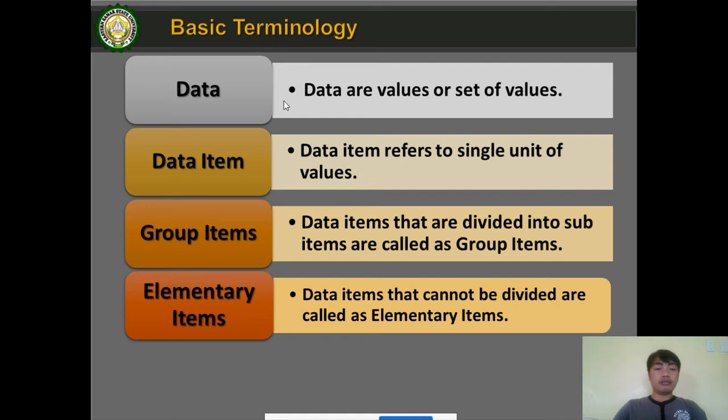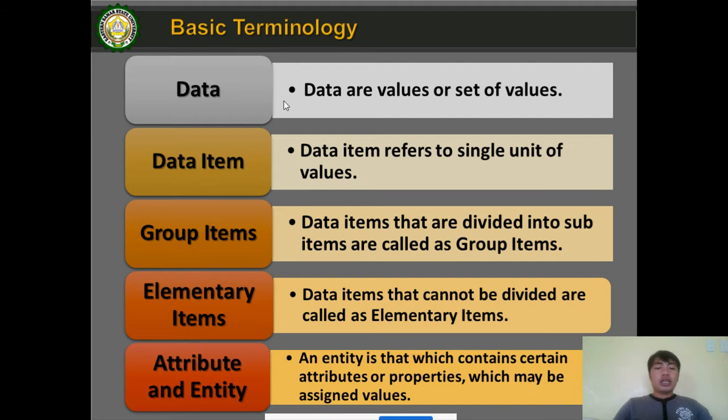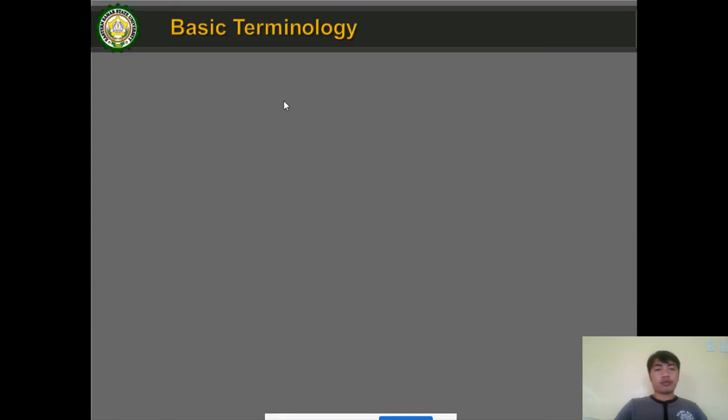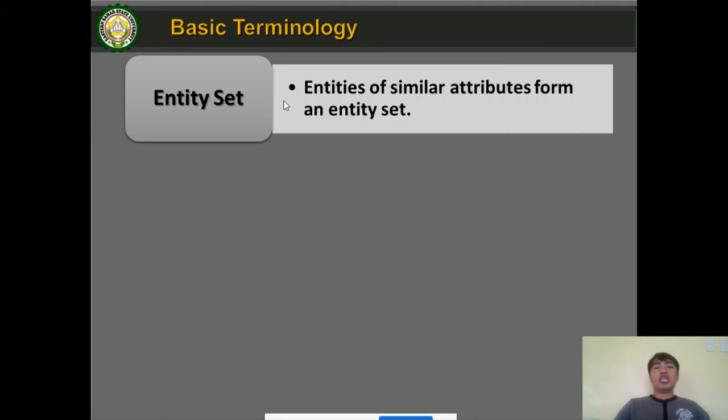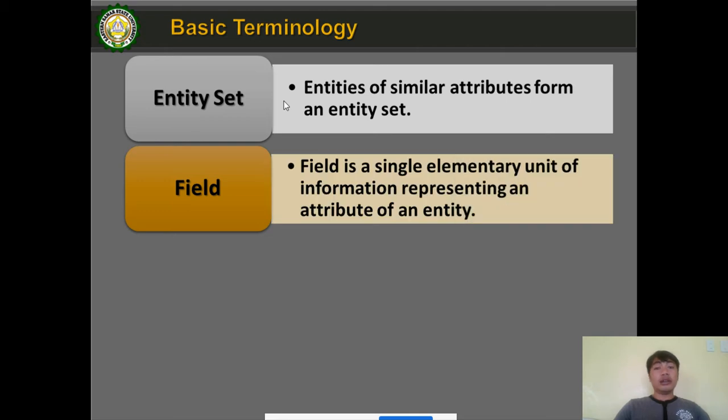And then the attributes and entity, it contains attributes or properties. Another are your entity set, which is similar to your attributes, and the field, a single elementary unit representing your information. Example, name, age, address.